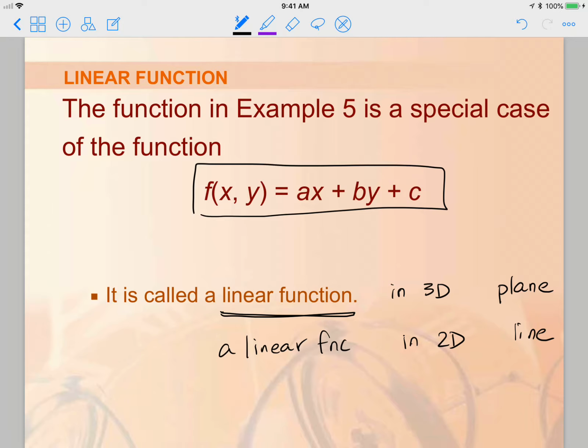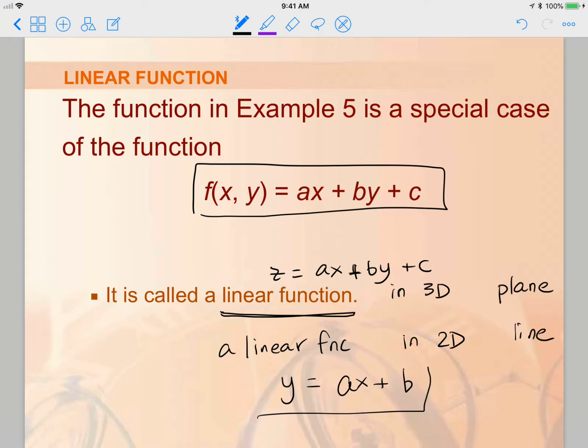A linear function in 3D has the equation z equals ax plus by plus c, and a linear function in 2D has the equation y equals mx plus b, or you could even write it ax plus b.